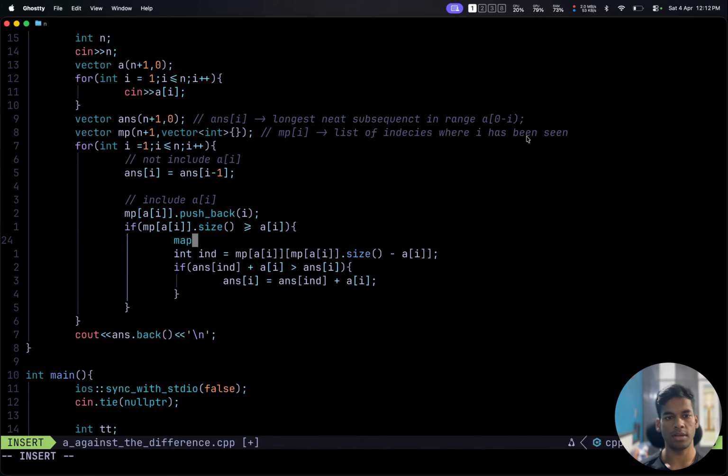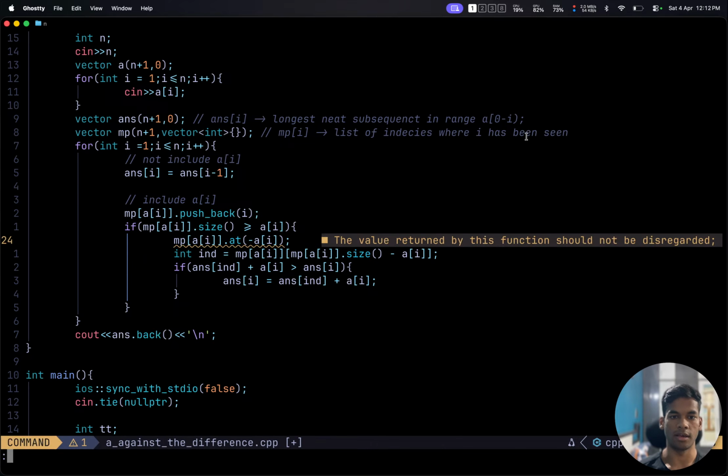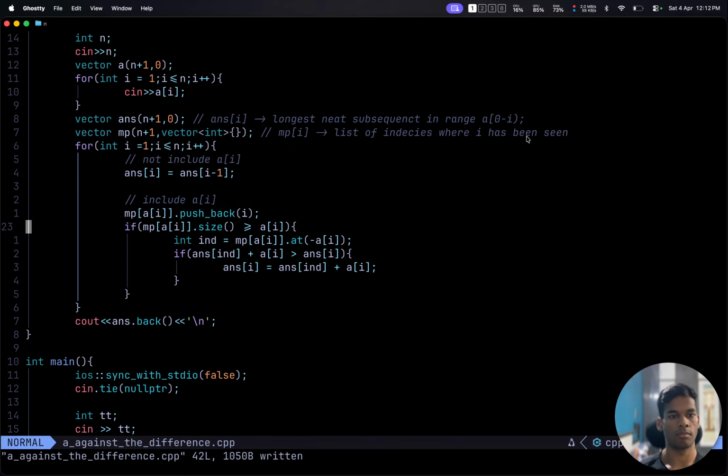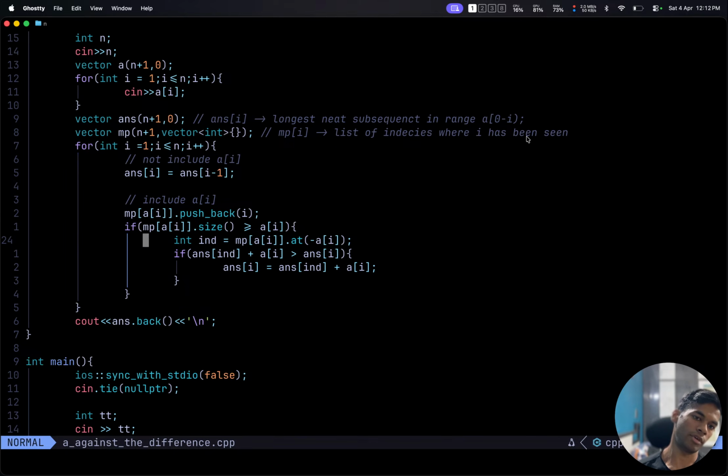I think mp ai dot add, yes, add, and here we can use from then get the element at index ai negative, and here we are putting in the index and we are getting back the index.